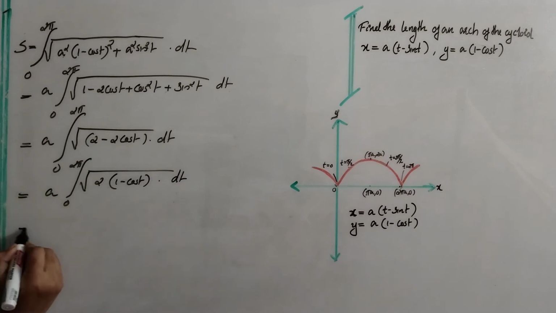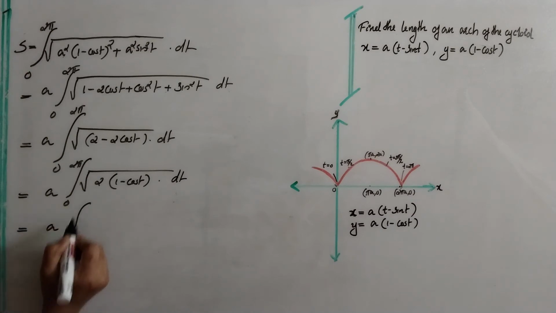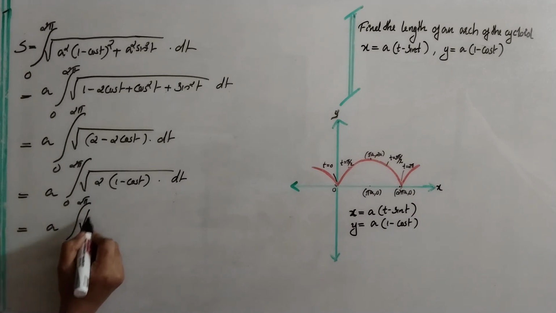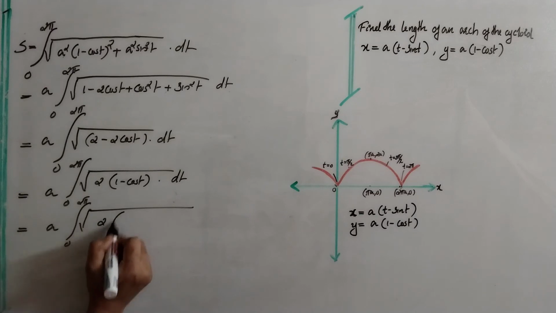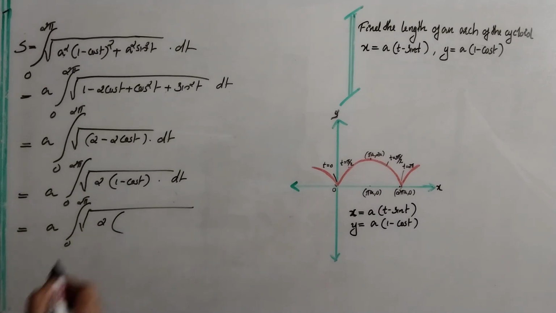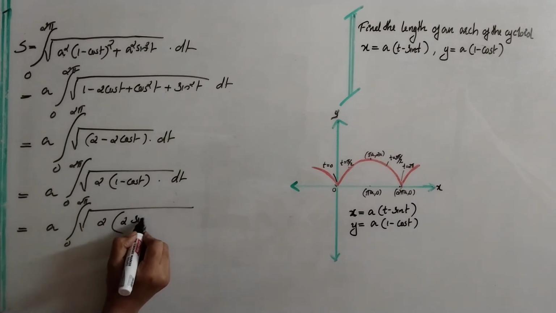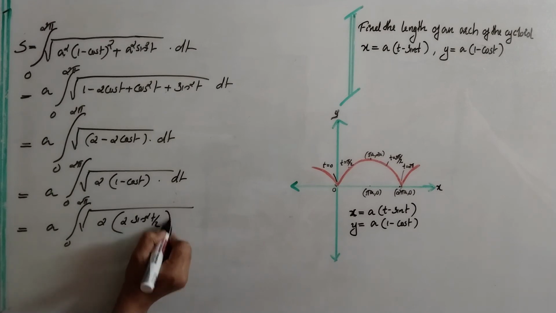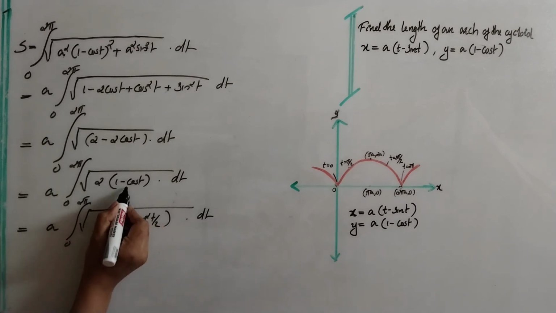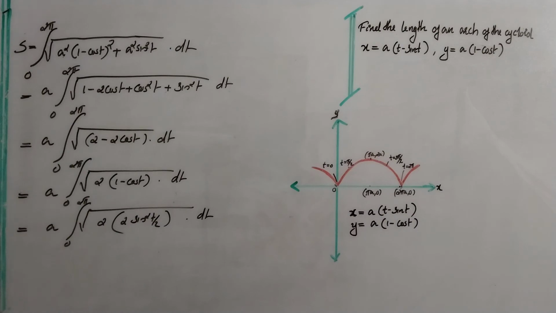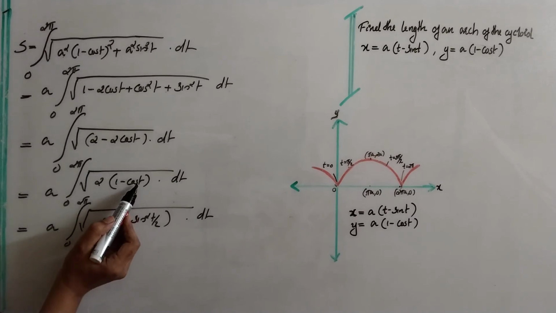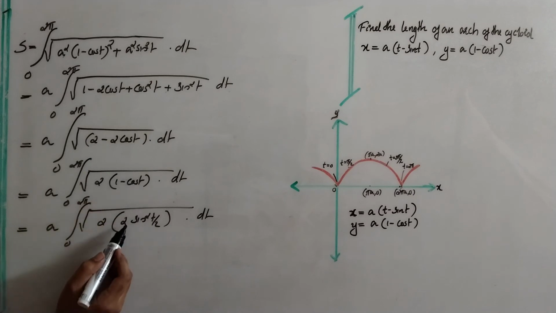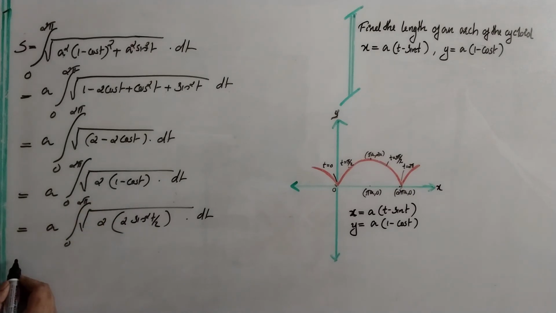is equal to a into integral 0 to 2 pi square root of 2 into 1 minus cos t, which is 2 sin square t by 2, into dt. We have one more trigonometric relation: 1 minus cos 2t is 2 sin square t, so 1 minus cos t is 2 sin square t by 2.